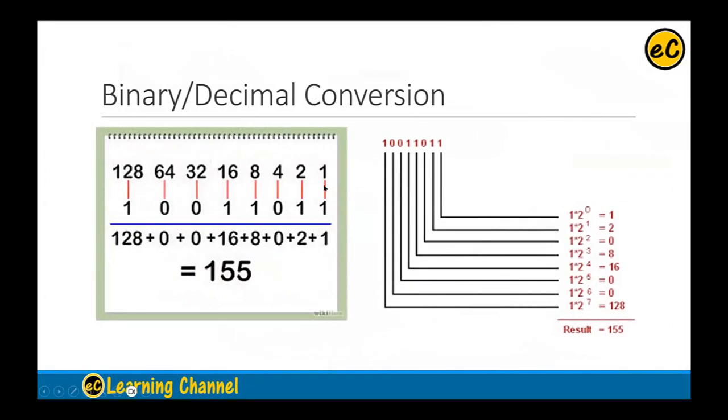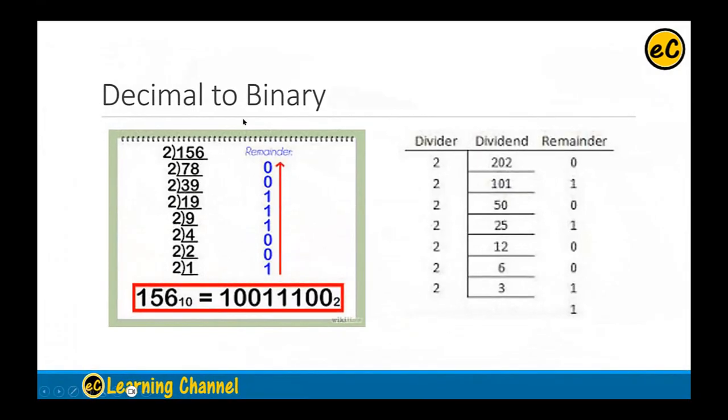To convert a number from binary back to decimal, you multiply and take the weighted sum of each digit. For decimal to binary, you actually do successive division. You keep dividing, and then you read from bottom to top. That's called decimal to binary.